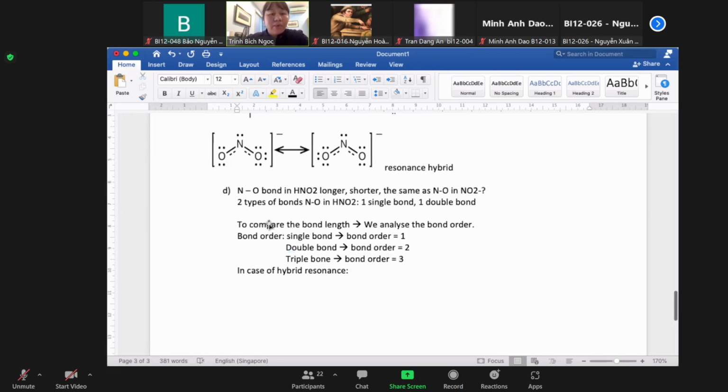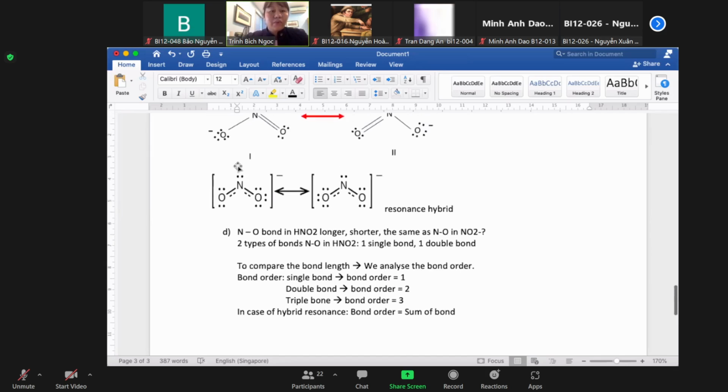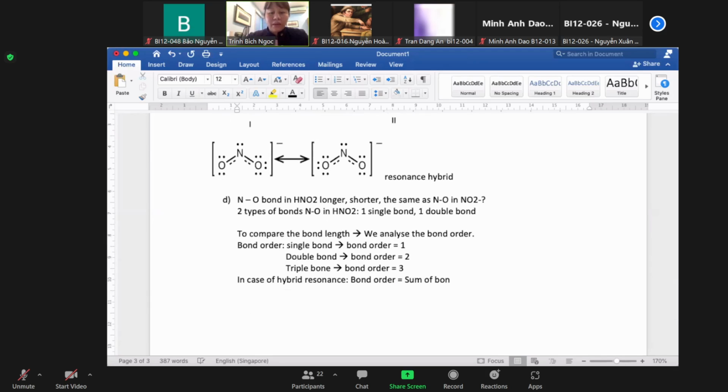So in case of hybrid resonance, how we can create the bond order? The bond order will be equal to the sum of bond, okay? So 1 for single bond and 2 for a double bond, 3 for triple bond, etc. Divide by the number of resonance. Okay, so this is in case of hybrid resonance.